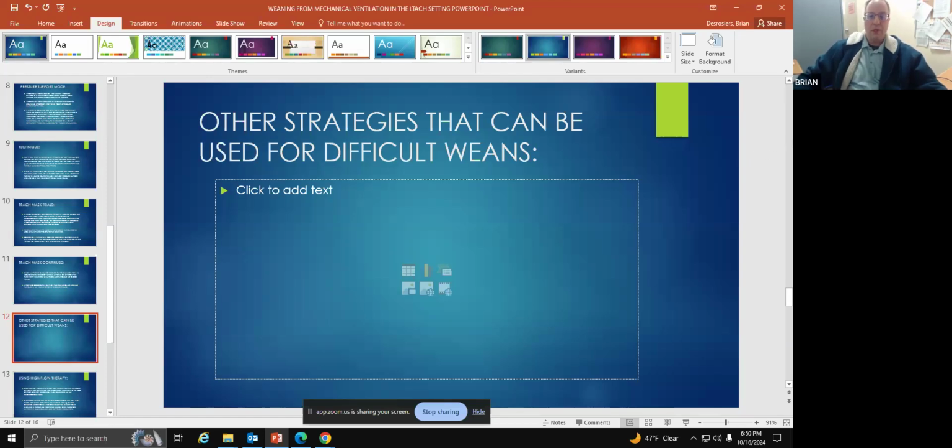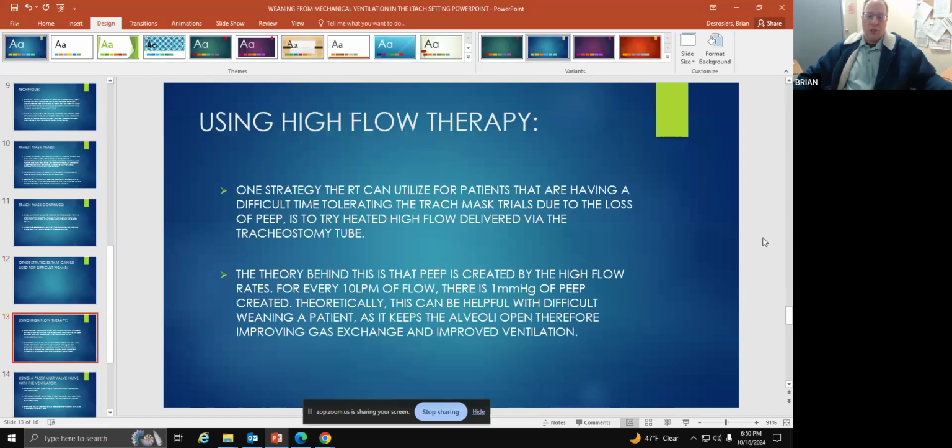Sometimes there are a couple of things we can do, and I'll go over those a little bit. One of them is using high flow therapy. This is usually used in acute care for patients with impending respiratory failure, or before they intubate them. It can also be used in the reverse way.